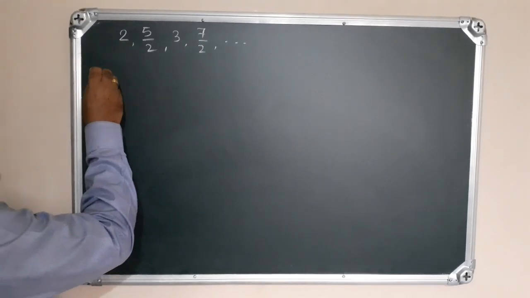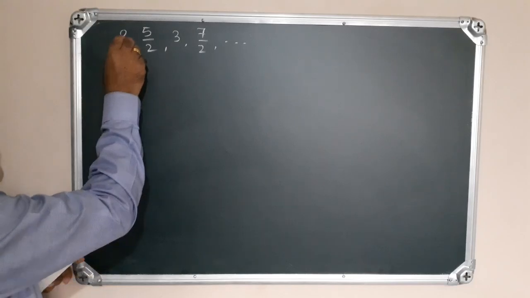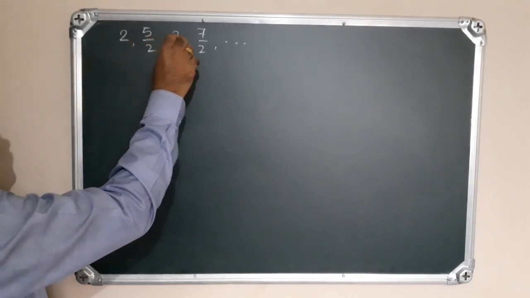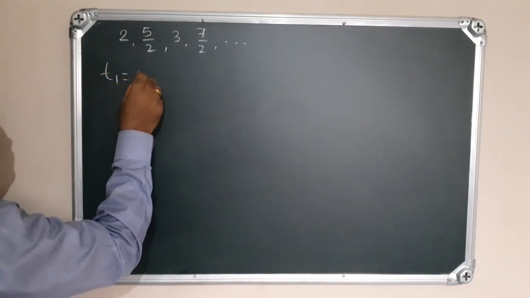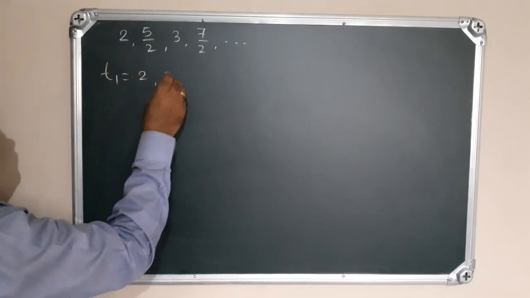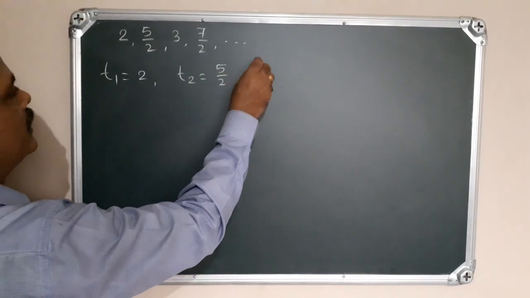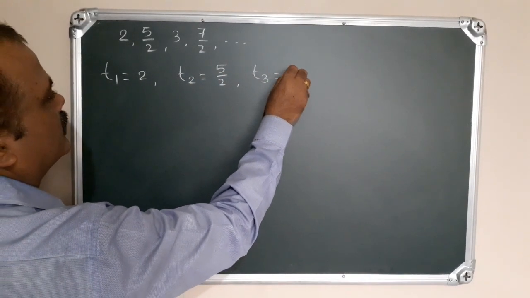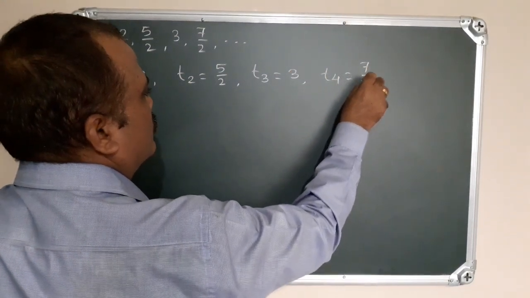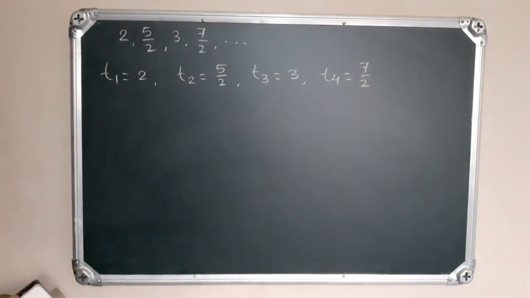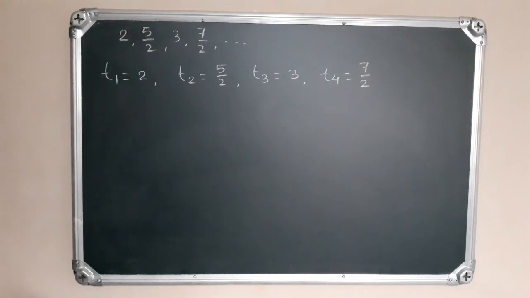In order to determine this, this is the first term, this is the second term, this is the third term, and this is the fourth term. So T1, that is the first term, is 2. T2 is equal to 5 upon 2. T3 is equal to 3. And T4 is equal to 7 upon 2. So write the terms, first term, second term, third term, fourth term, like this.